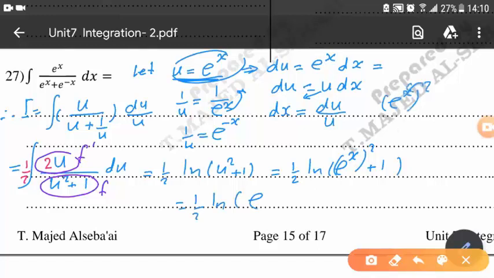You will multiply the powers. I cannot open it. You might think that ln e is 1. No, you cannot, because there is plus 1. Plus C.